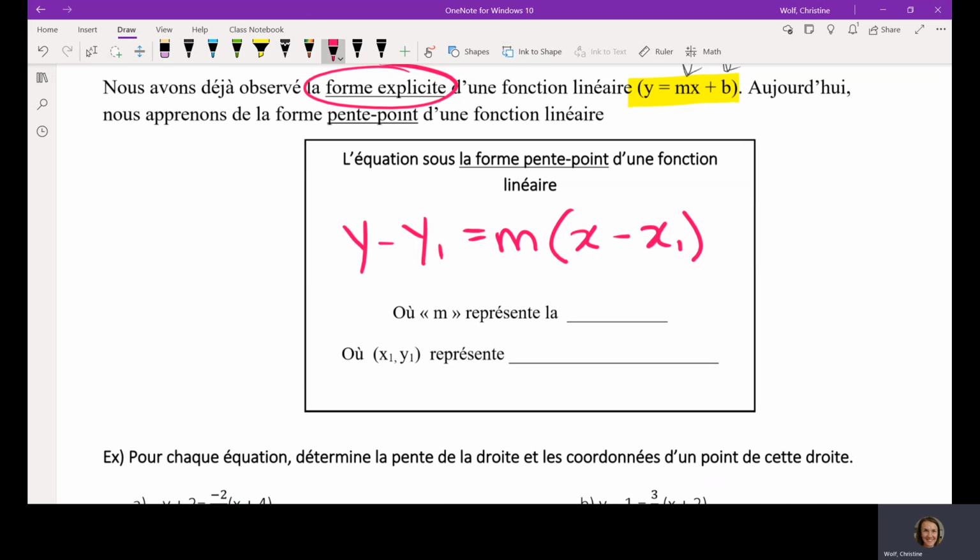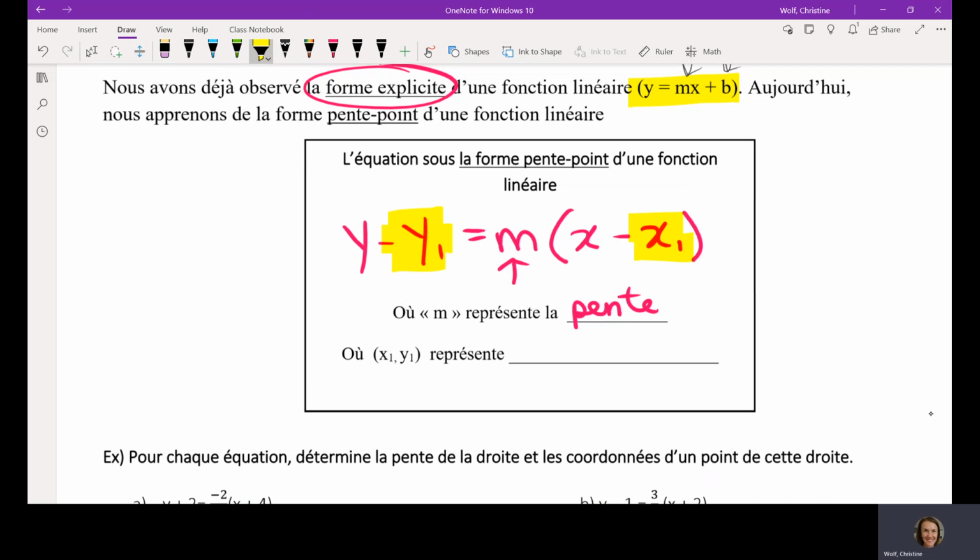Juste comme dans la forme explicite, M, c'est le numéro ici, en avant des parenthèses, ça c'est la pente. Whatever number's in front of the bracket, that's what the slope is, okay? Then, le numéro qui est ici, so when we actually look at an example, that and that will actually be numbers, okay?